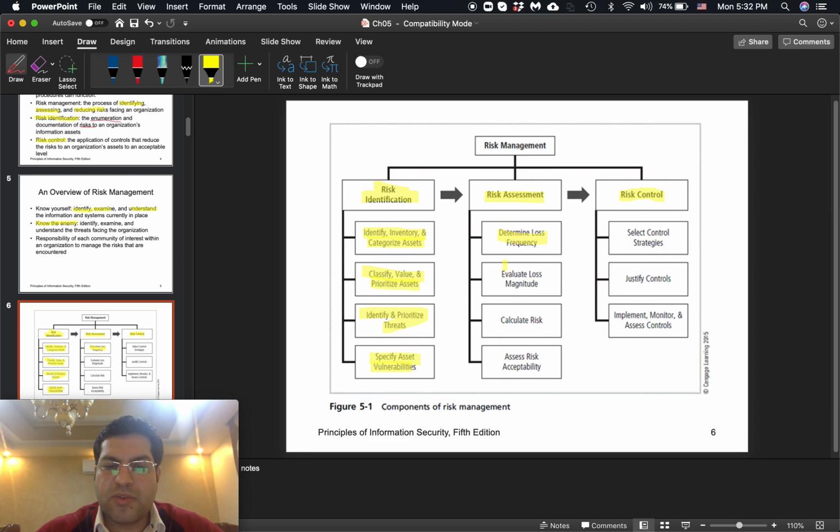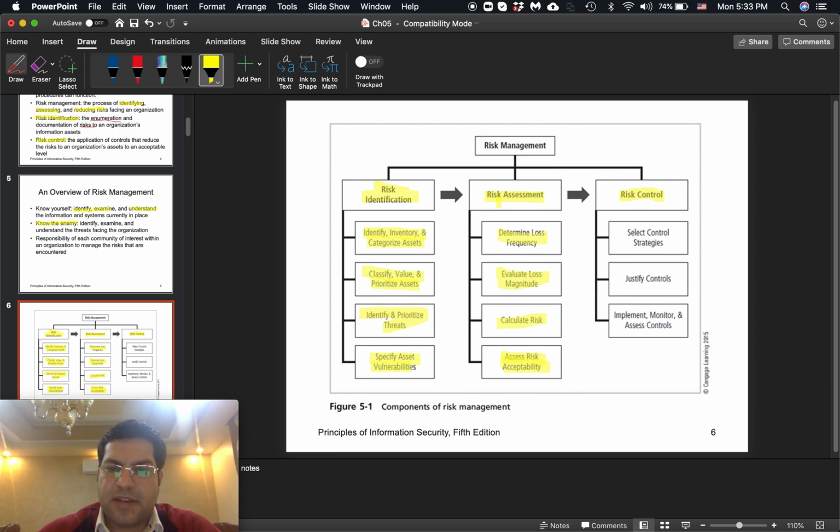And then we need to evaluate the loss magnitude for each threat once it happened. Based on this information, we will calculate the risk and assess the risk acceptability. And these things we will discuss later when we come to risk assessment.